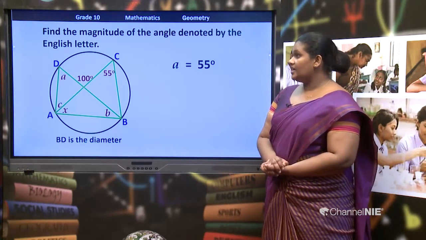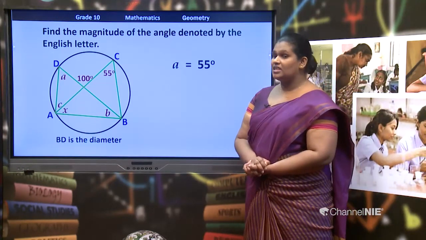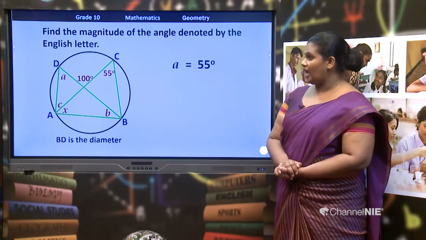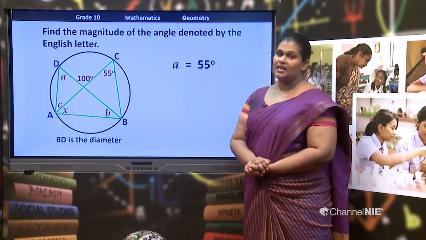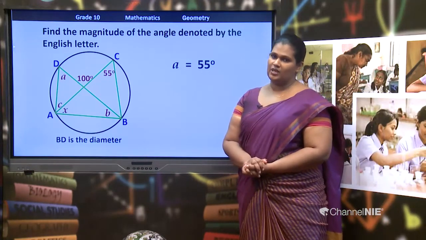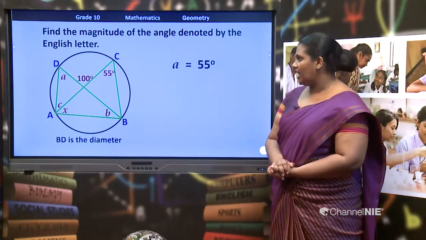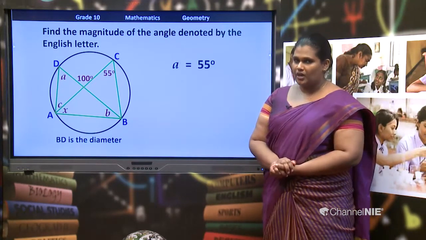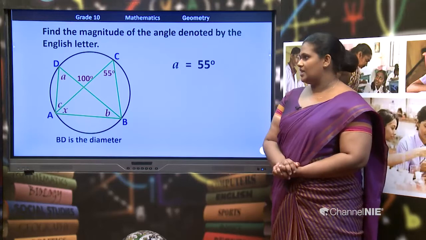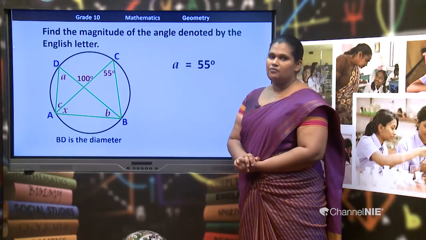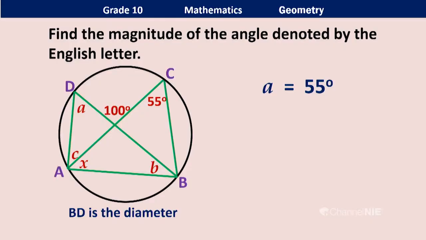Angle ADB is denoted as A and the magnitude of angle ACB is 55 degrees. Therefore, we can say the magnitude of A is equal to 55 degrees. Now we have the value of A. We have to find the value of another three letters: B, C and X.